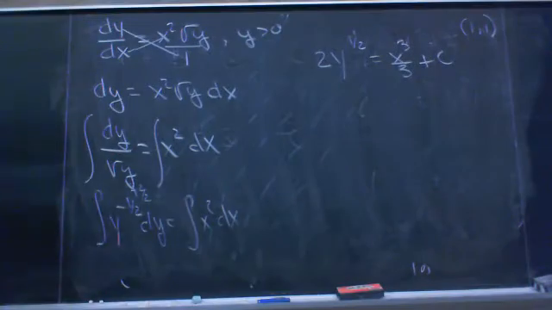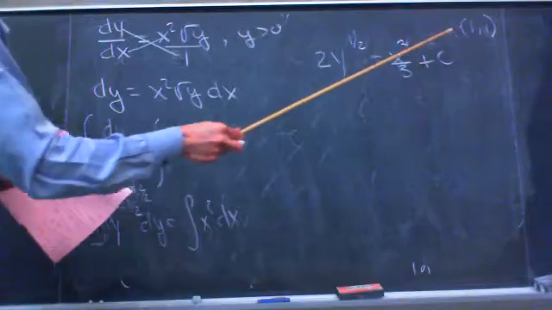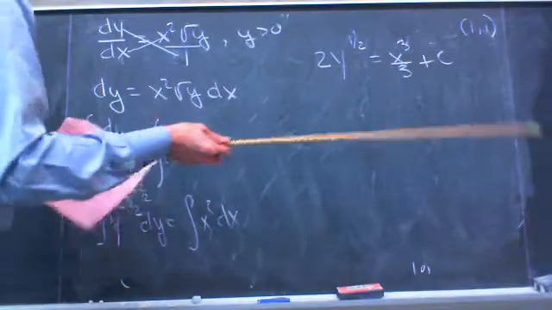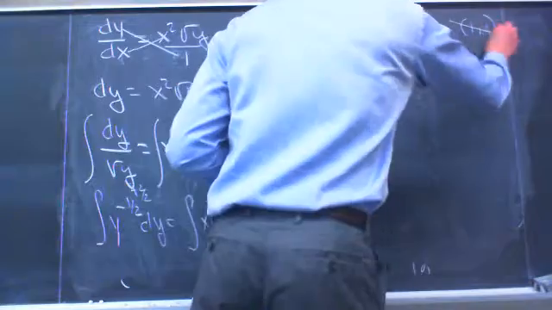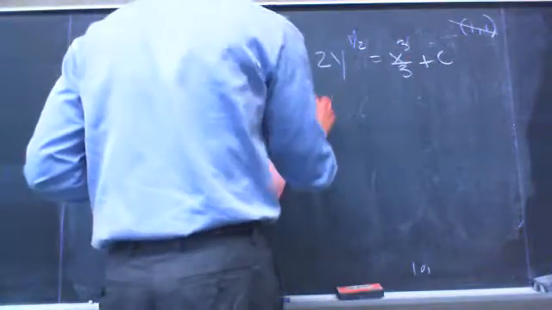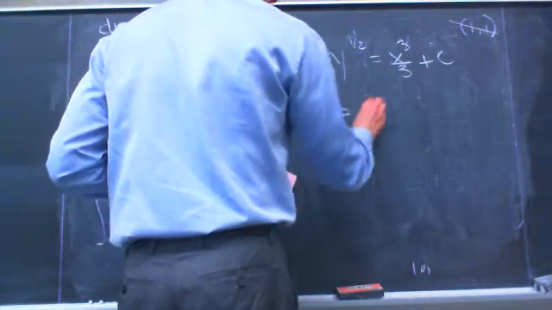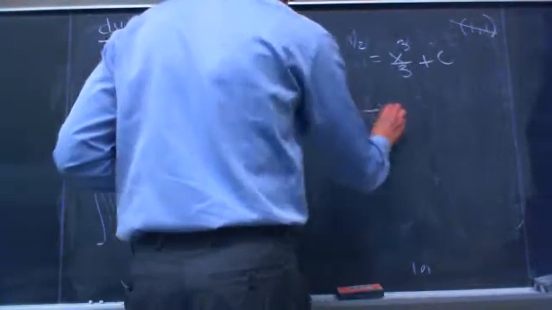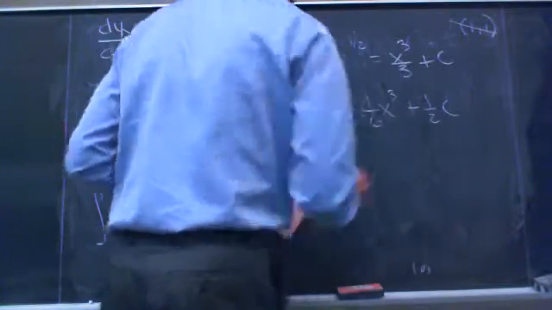Now, at this point, if I were given points like suppose 1, 1, and I want to find the particular solution, I would put them in here now. But I'm not given those points, so I'm just going to solve for y. I'm going to multiply through by 1/2 and get y to the 1/2 equals 1/6 x cubed plus 1/2 c.